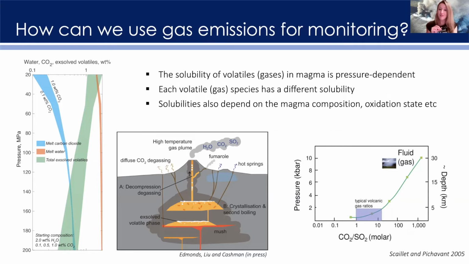So if we see a change in the carbon to sulfur ratio, then we start to really pay attention and potentially bring in some additional monitoring techniques like seismology for earthquakes and look at the ground deformation. Generally, the strongest way we can monitor volcanoes is a multi-parametric approach. So we bring in chemistry, we bring in physics, and we always bring in modeling. All right, next slide, please.